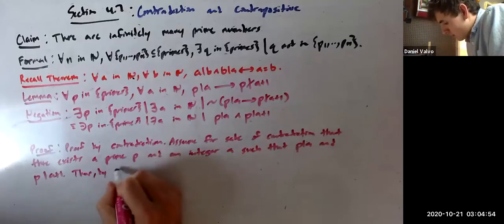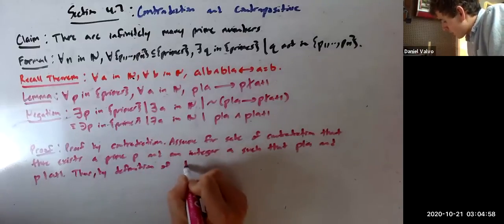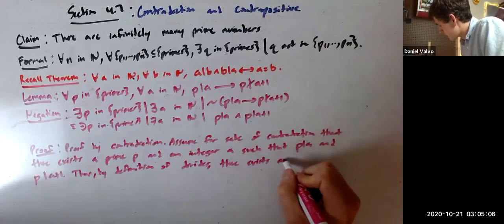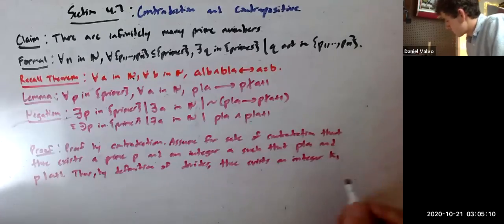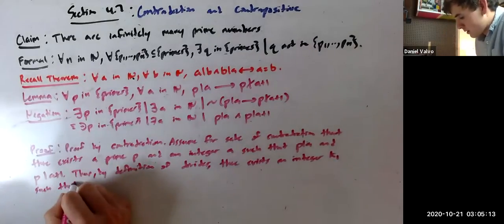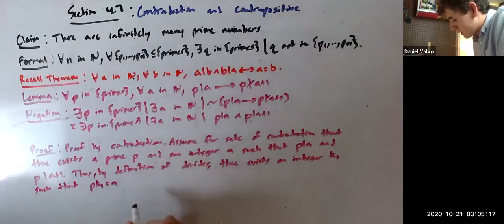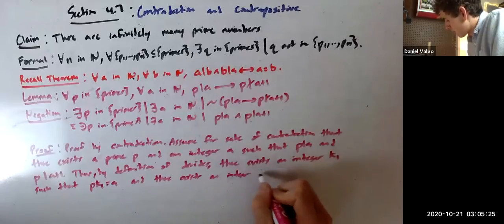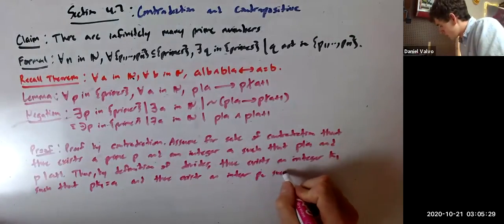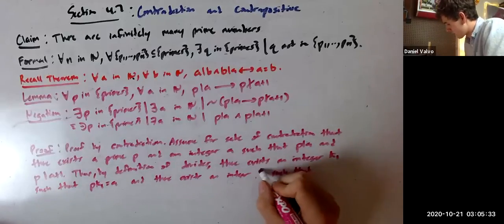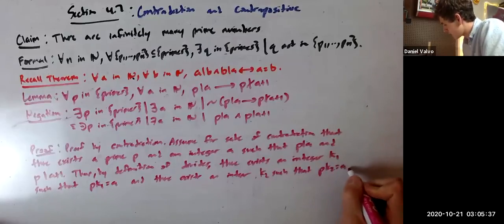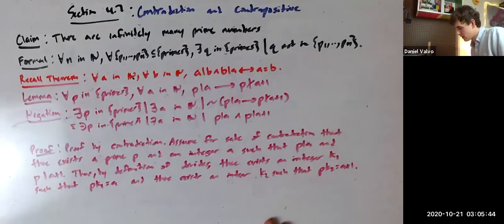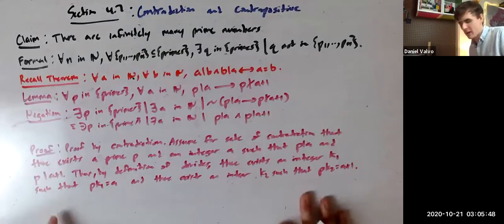Thus, by definition of divides, there exists an integer k1 such that pk1 equals A, and there exists an integer k2 such that pk2 equals A plus 1. That all makes sense.